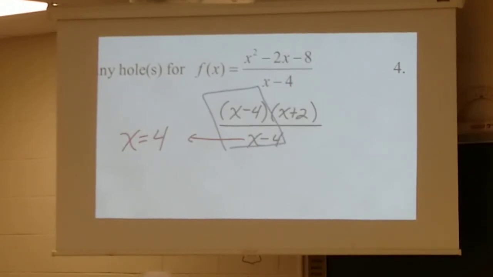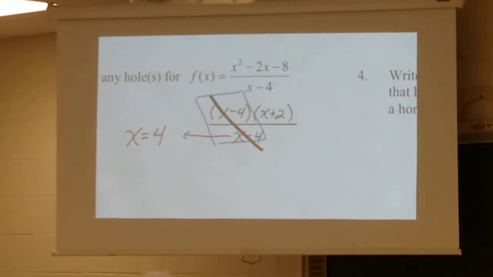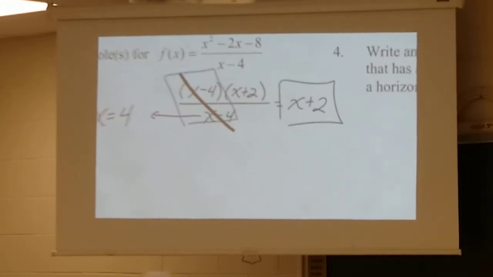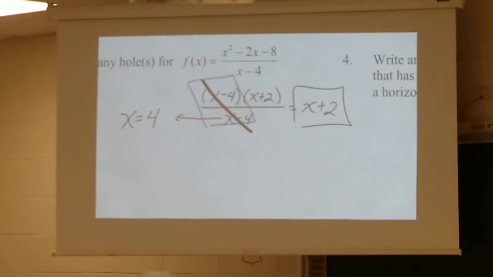But remember, we want to give the answer as an x and a y. So I cross off the x minus 4, kind of temporarily, and I end up with x plus 2. Now, x plus 2 is a safe little version of this original fraction. Why do I say it's safe?